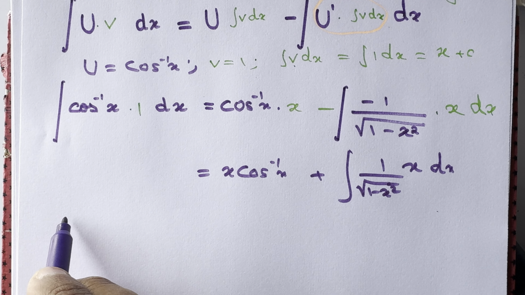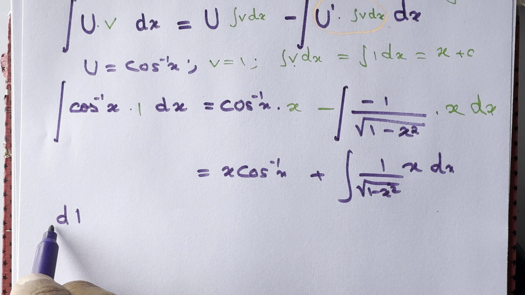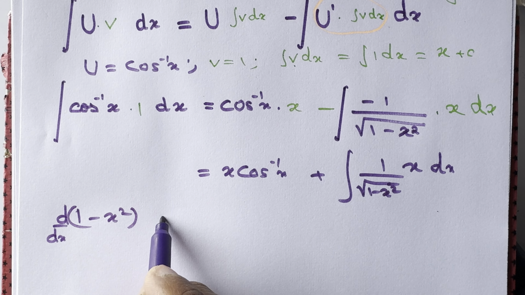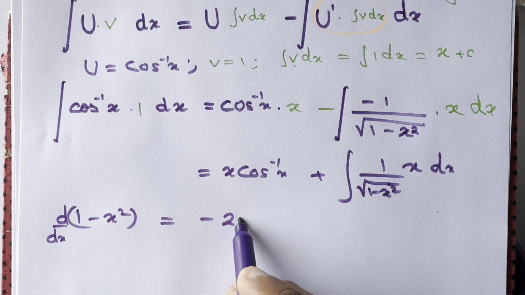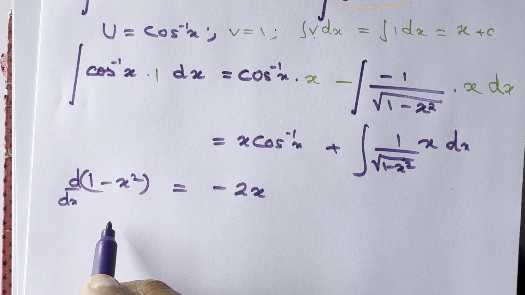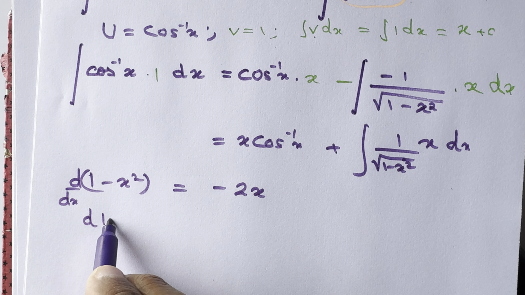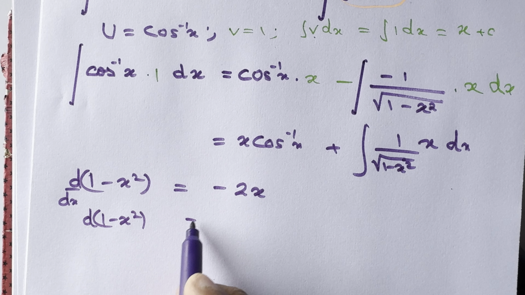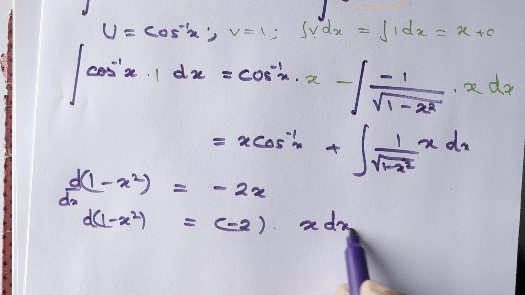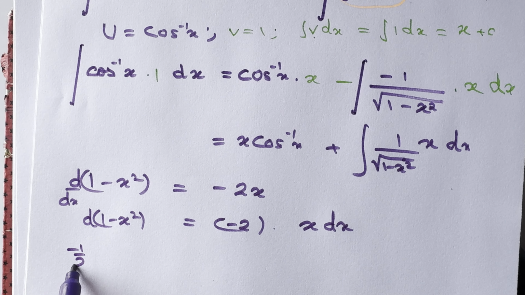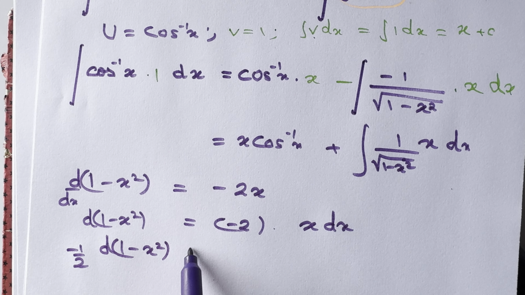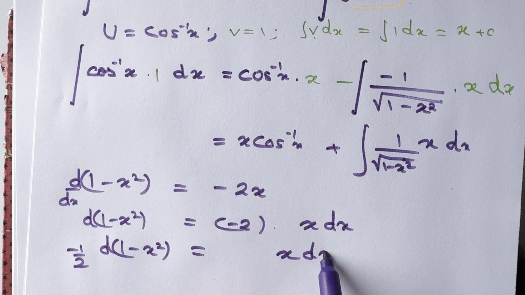Observe that d/dx of 1 minus x square is simply equal to minus 2x. Or we can say that d of 1 minus x square equals minus 2 times x dx, or minus half of d of 1 minus x square equals x dx.